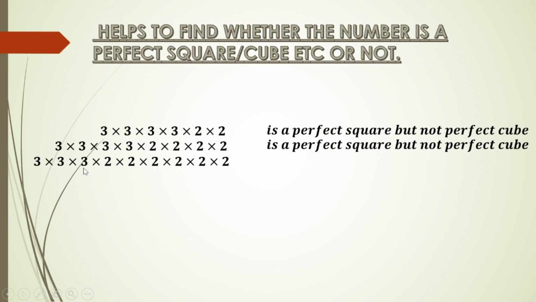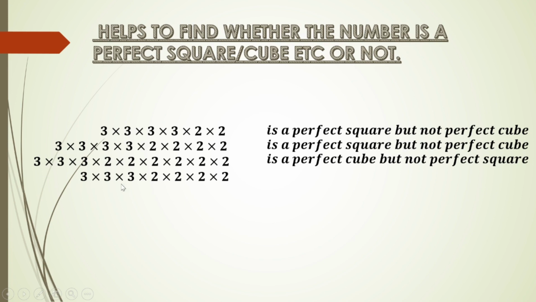We can see from here only that it's not a perfect square. Is it a perfect cube? Then we have to see 3 is 3 times, so yes, 2 is again 3 times. So we can divide these prime numbers into 3 equal groups. Okay, so it is a perfect cube but not a perfect square.